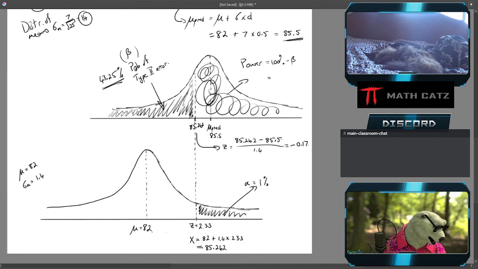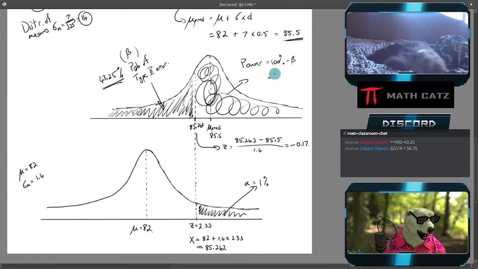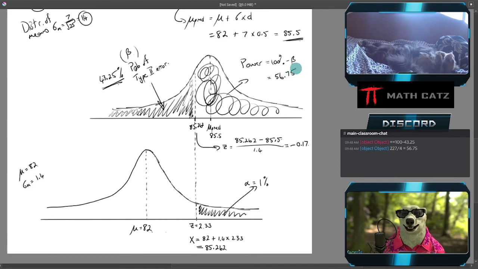Let's show that in the calculator. 100 minus 43.25, and we get 56.75 for the power. 56.75%. So whether I talk about power or type 2 error, they're interchangeable, really.